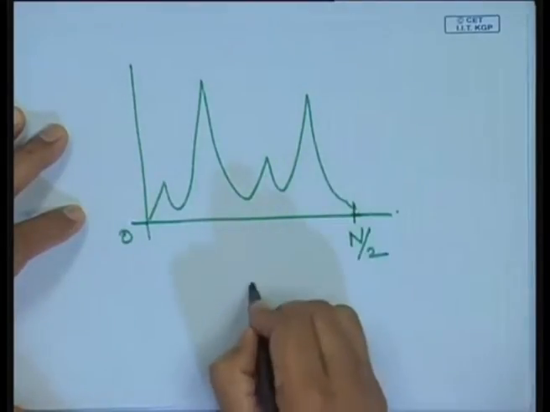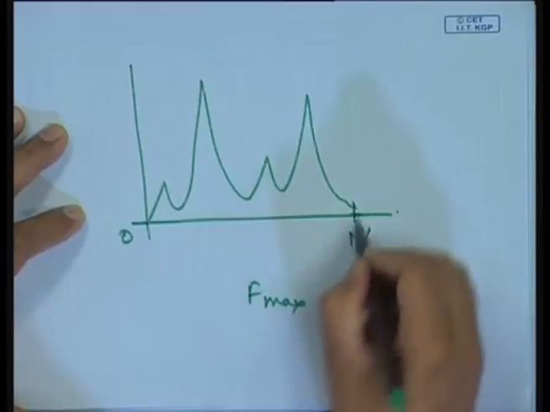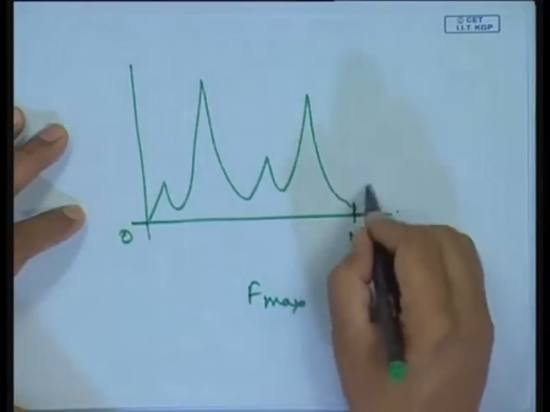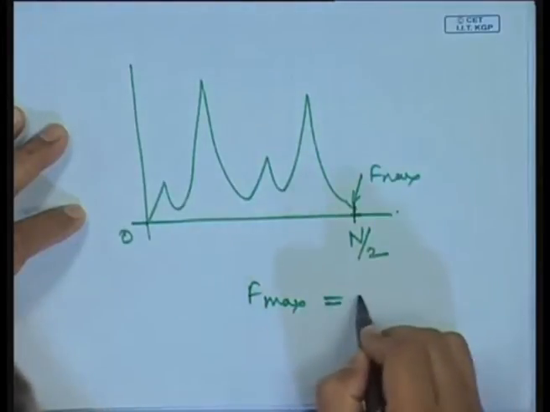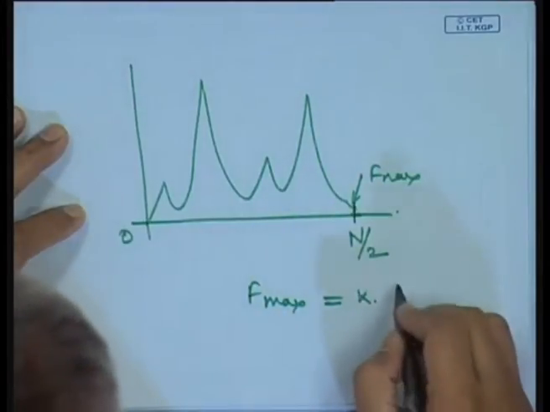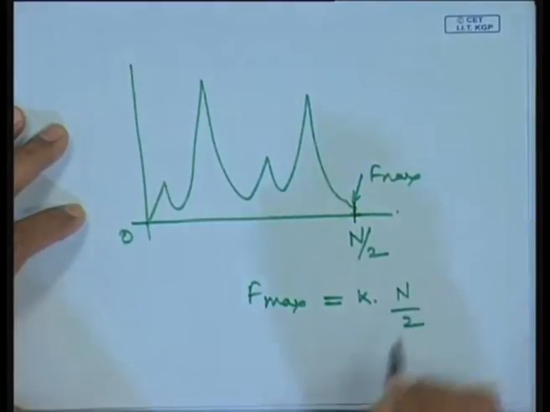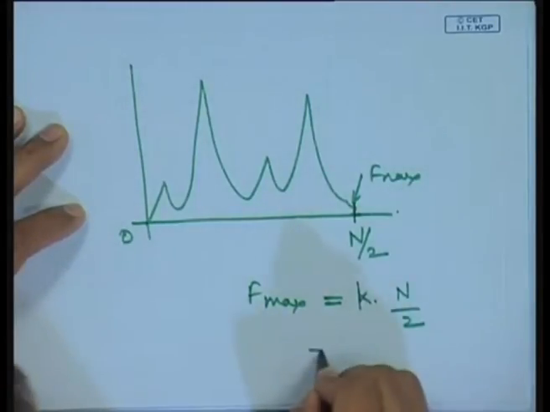The maximum frequency F max which we obtained is nothing but k times n by 2, and what is this k?